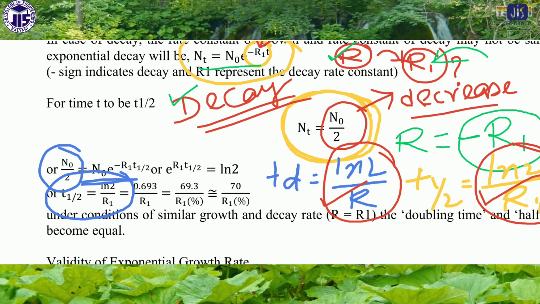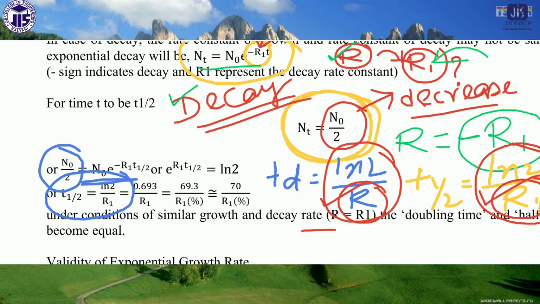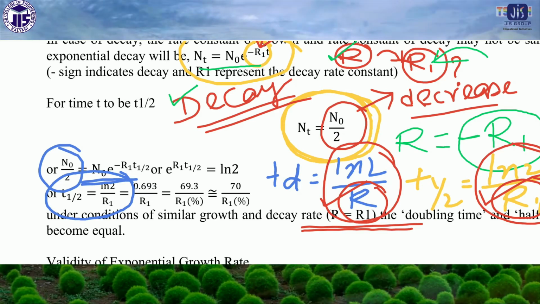Okay. So if the growth rate constant and the decay rate constant are equal, then the half-life time of population and the doubling time of population both will be equal.